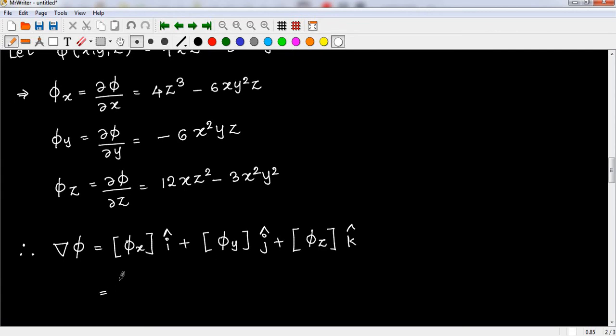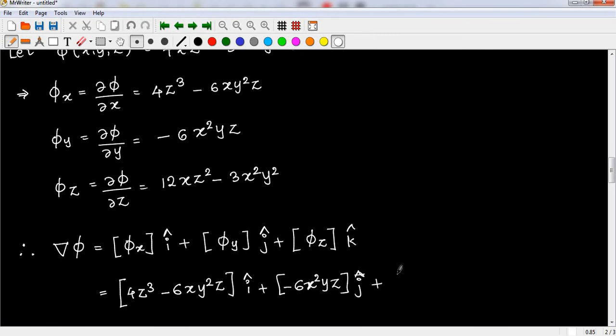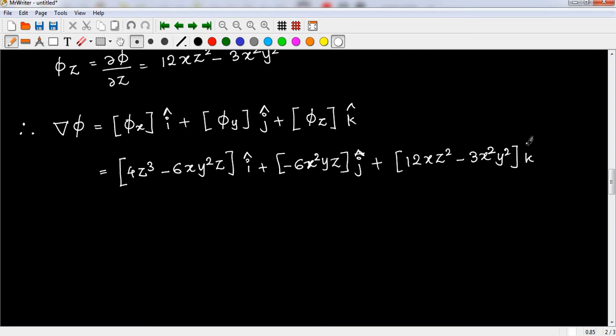If you substitute these values, it is equal to 4 z cube minus 6 x y square z i bar minus 6 times x square y z j bar plus 12 x z square minus 3 times y square k bar.